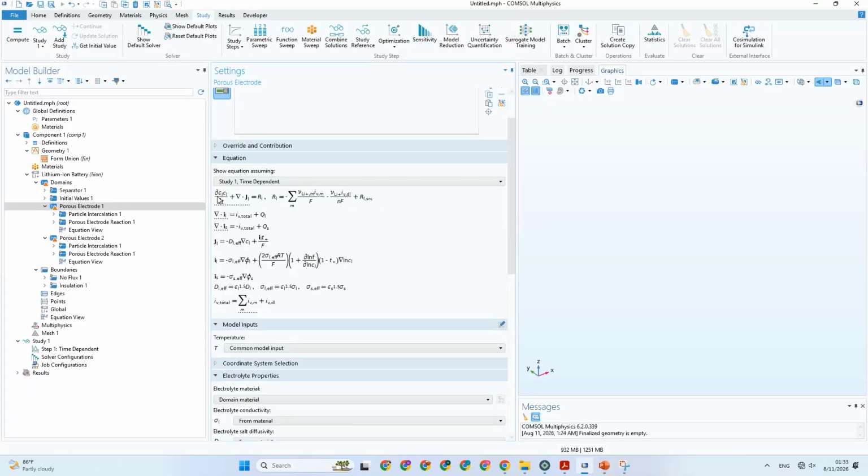You can see in COMSOL we have rho epsilon 1 C1 divided by rho T plus divergence of J1 equal to R1. And JL is equal to this. It is so hard, but what is the new Li?